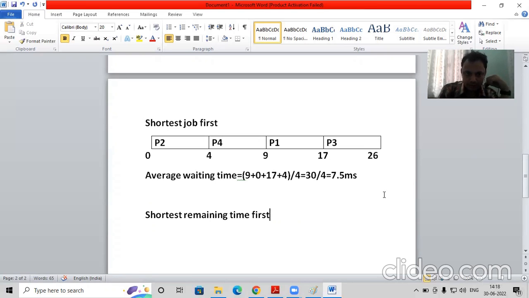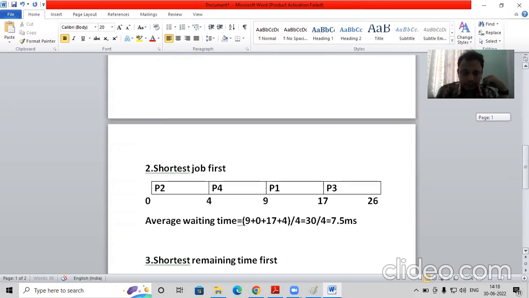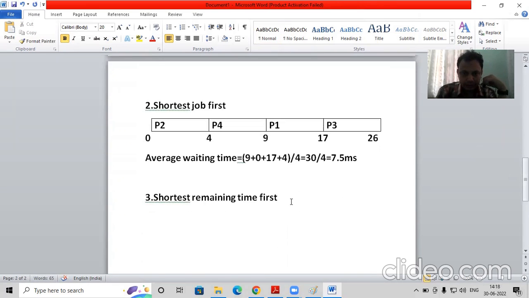So what is the meaning of this? This is another algorithm. This is algorithm 1, algorithm 2, algorithm 3. Shortest remaining time first.